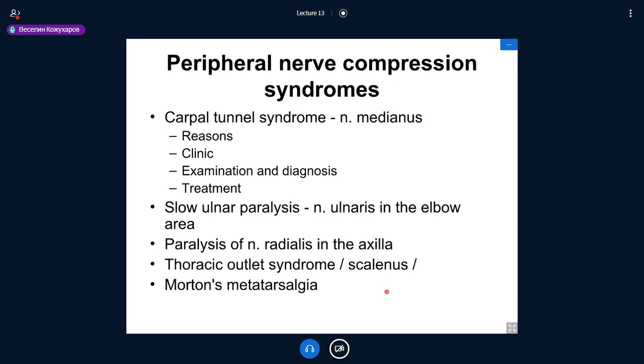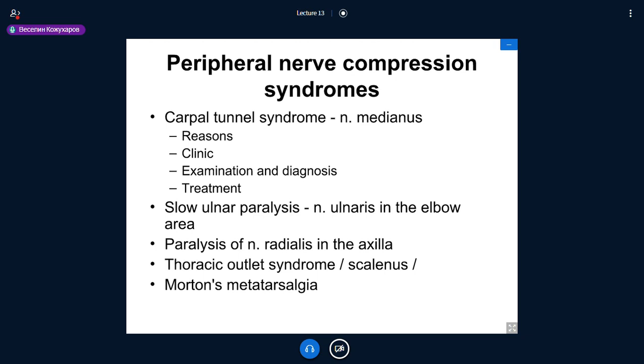Morton metatarsalgia is the most distal appearance of compression nerve syndrome. This is because of compression of interdigital nerves, usually in the space between the second and third toes, most often in women who walk in high-heeled shoes. The clinic of Morton disease is sharp and burning pain at the end of the day, which spreads to the front part of the foot.